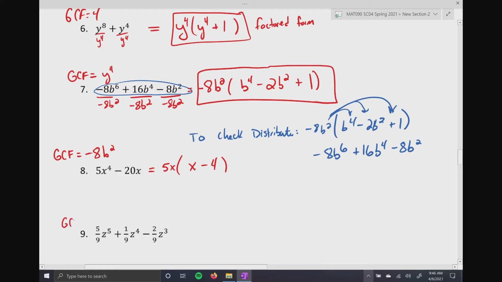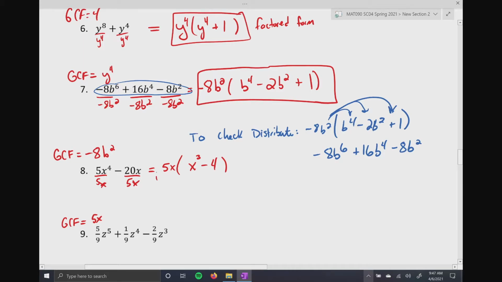Remember, our GCF is 5x. So I factor that out and divide all my terms by 5x. 5 divided by 5 is 1. x to the fourth divided by x to the first is x to the third, which I didn't write. Sorry about that, Ramzia. My bad. And then negative 20 divided by 5 is negative 4. x over x is 1.